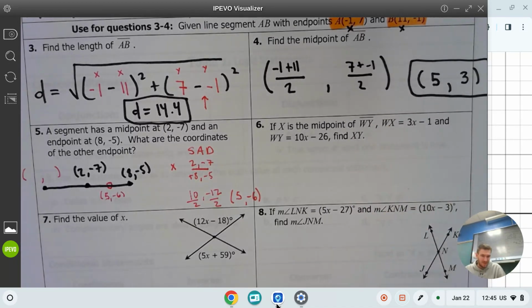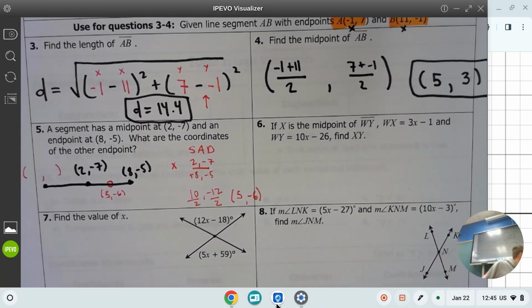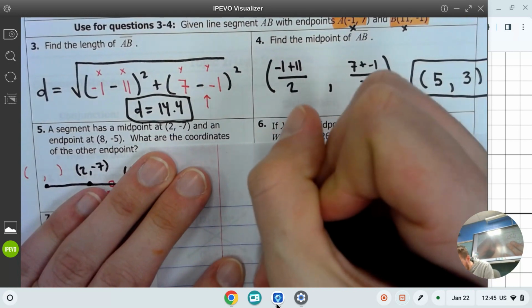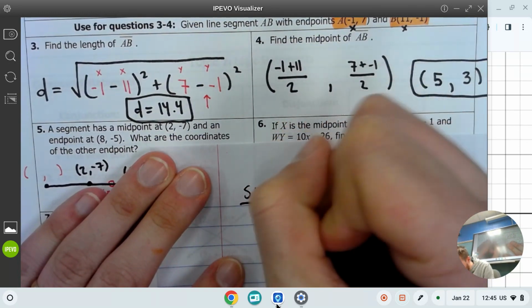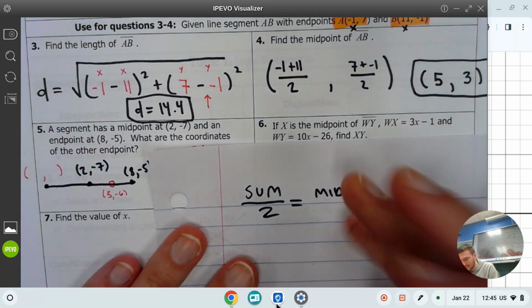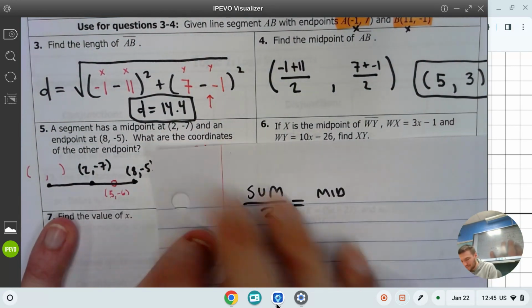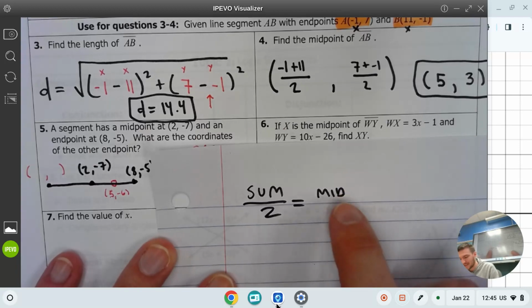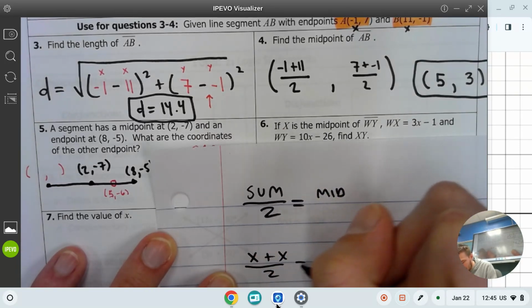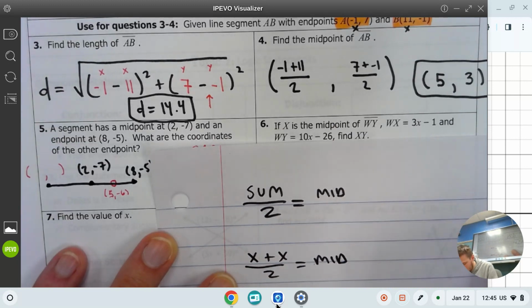Here's how we're going to solve this question, all right? We're going to make our typical formula, which is sum them up, divide by 2 equals the midpoint. We're just going to have to be careful because midpoint is some of the information that we know. So we're going to do x plus x divided by 2 equals the midpoint.